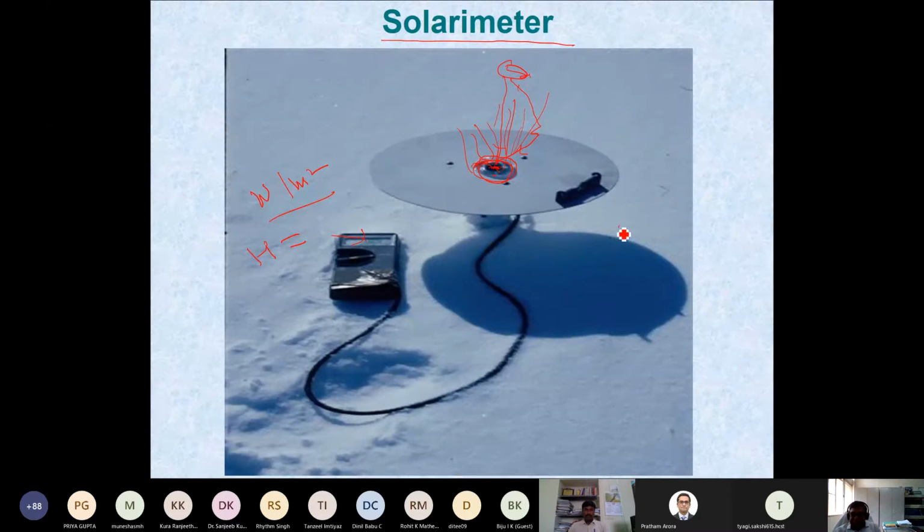Beam radiation means the radiation which is coming directly. The solar radiation whose direction is exactly known is known as beam radiation. Suppose the sun is here and you are on the surface here.